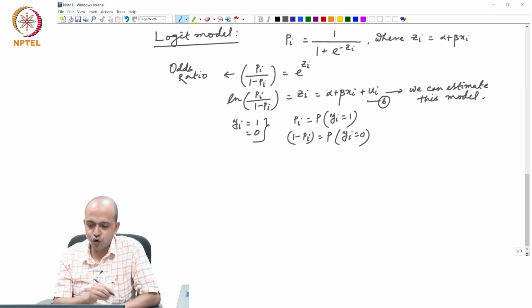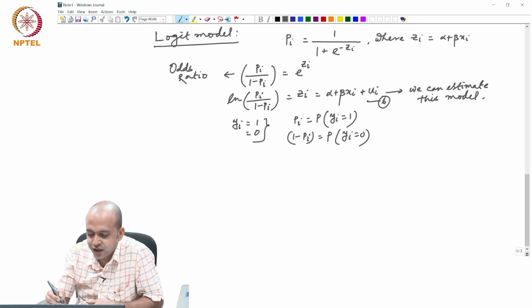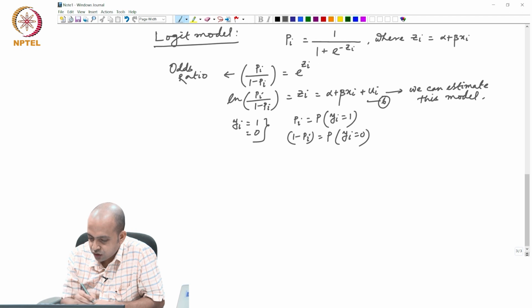To estimate this model, first of all you need information on the dependent variable. We do not have information on pi, rather we have information on yi. Apparently you may think you can put the yi values in this equation to construct the dependent variable. But if you put 1 and 0 in equation 6, what will you get?